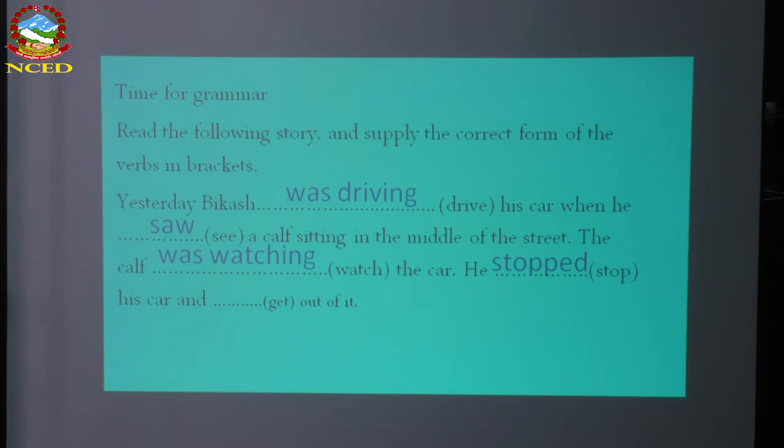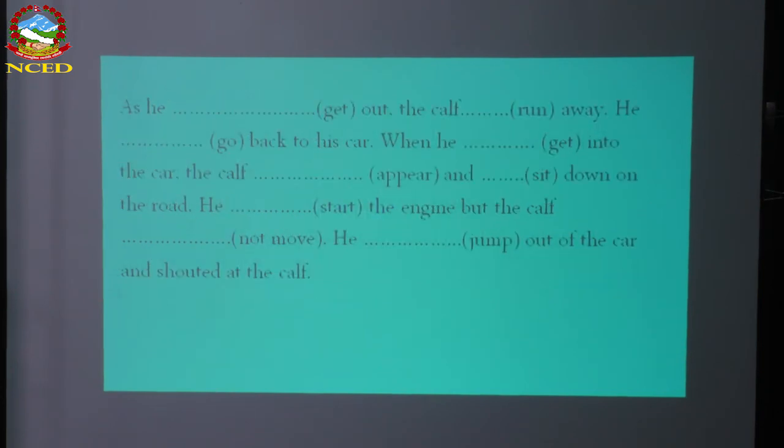He stopped his car and got out of it, right? Next, as he was getting out, the calf ran. So what should be used? Ran away. He go. So what is the form?